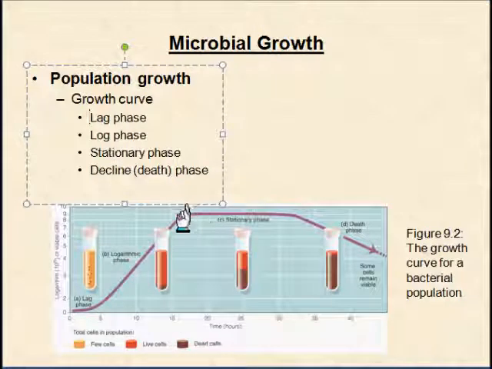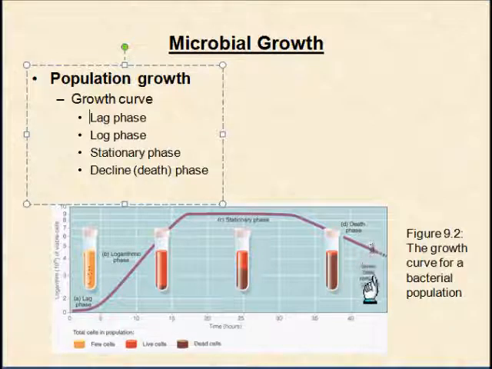But at some point, there is a balance that gets reached where resources that are available just meet the needs of the community. And that's our stationary phase, where we don't have an increase in population. Now eventually, as we start to destroy the resources in the environment, what will happen is a decline or death phase, where the majority of the cells are going to die off because there's no longer the resources that they need in the environment.